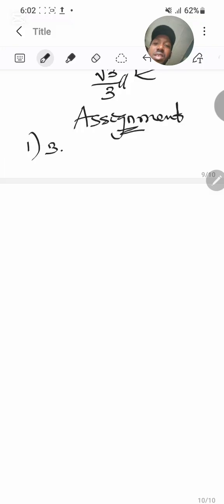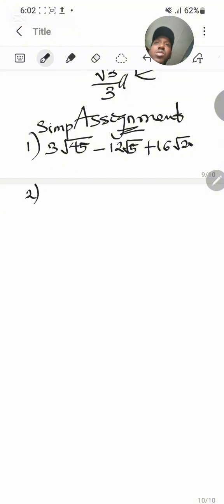Let's see, 3 root 45 minus 12 root 5 plus 16 root 20. So simplify this question.